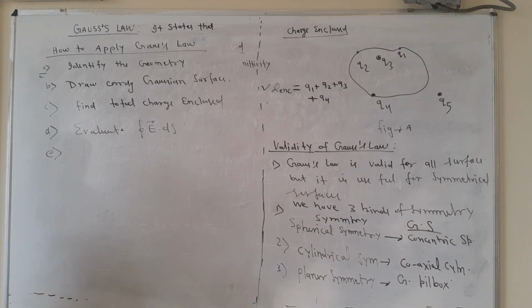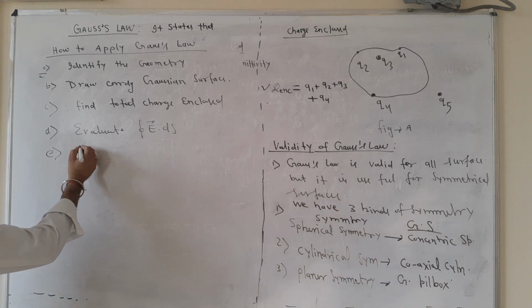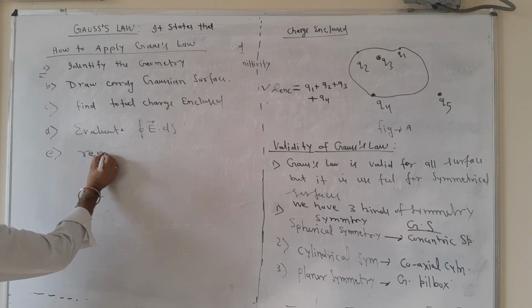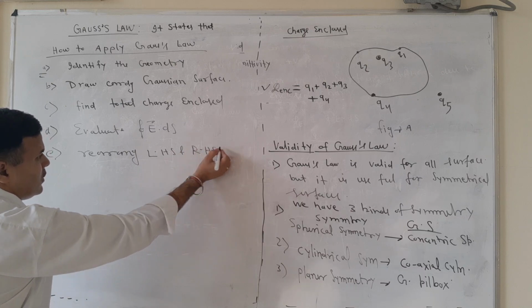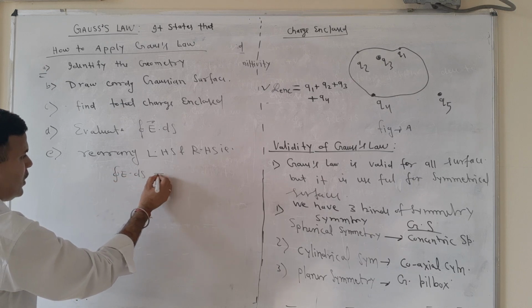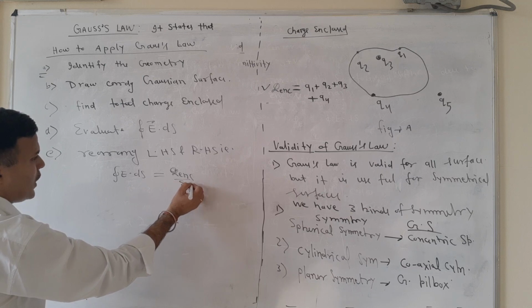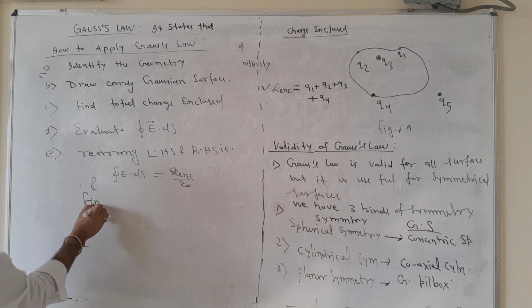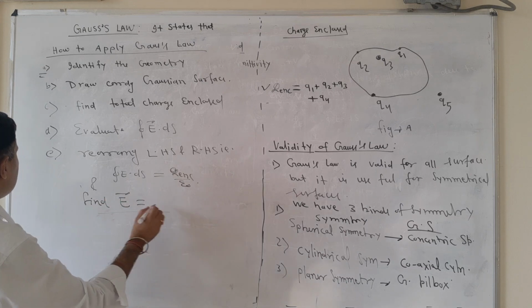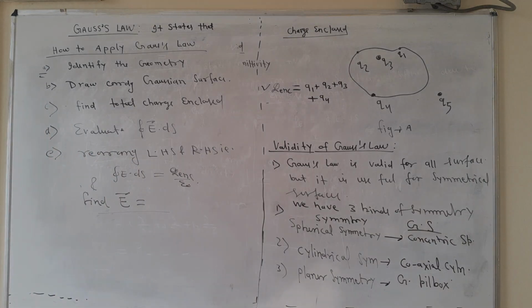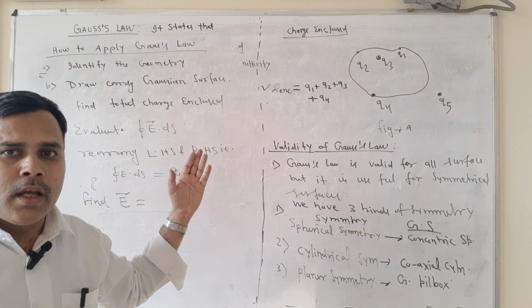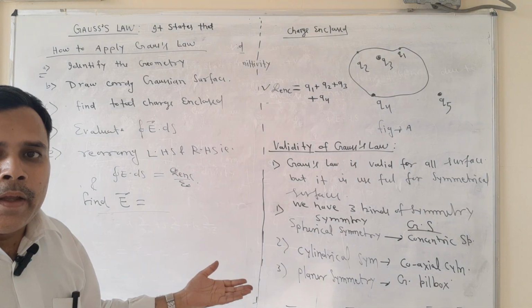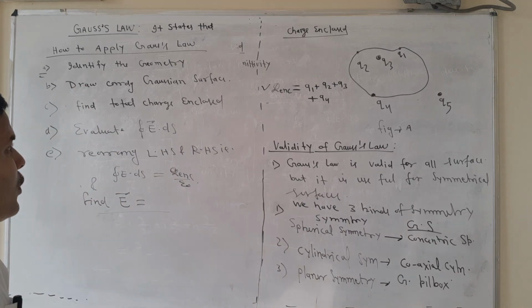Fifth, rearrange the LHS and RHS, that is, the integral of E dot dS equals q enclosed by epsilon naught, and find E. So this is a five step process through which we can find out the electric field using Gauss law: identify the geometry, draw the corresponding Gaussian surface, find the total charge enclosed in that surface, evaluate the left hand side integral, E dot dS, which is equal to q enclosed by epsilon naught, and rearrange to find E.